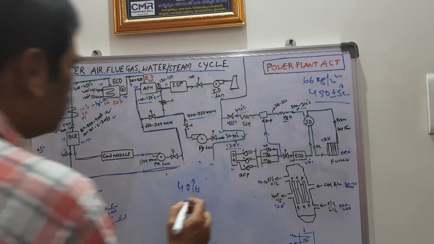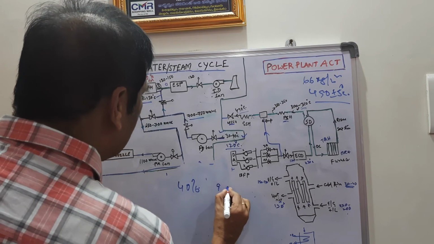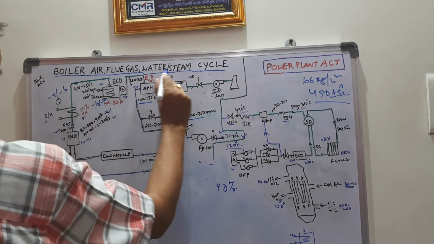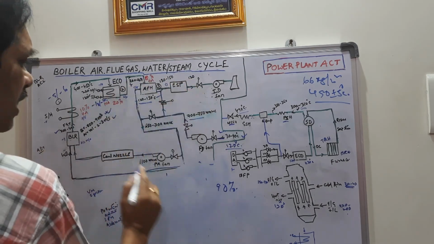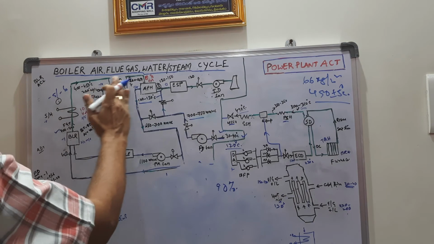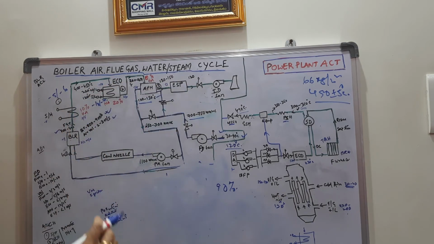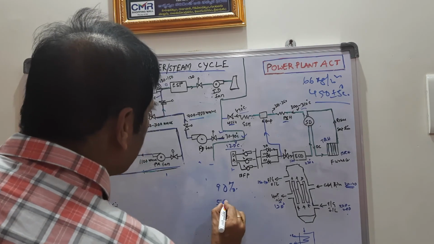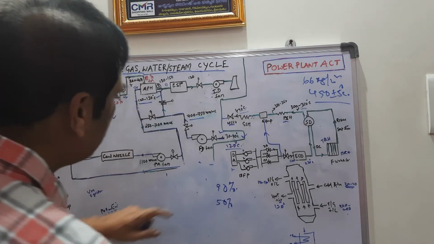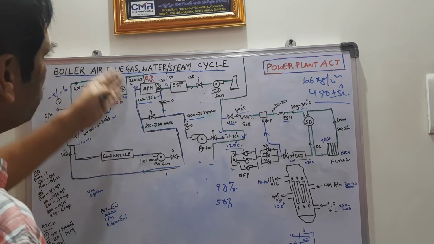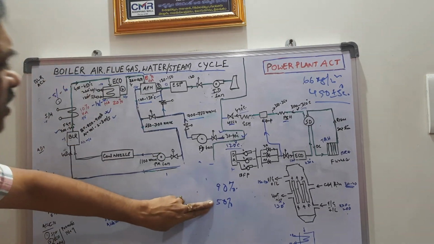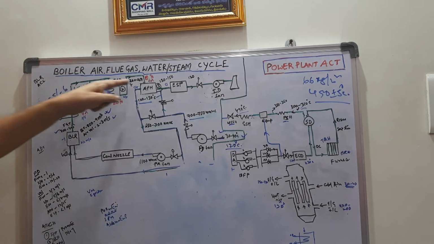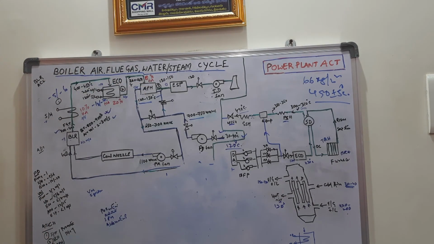Suppose the boiler efficiency is 90% with these three accessories. If these three were not provided, the boiler efficiency would come down to 50%. That means 40% is reduced. So this much importance is there for these accessories.